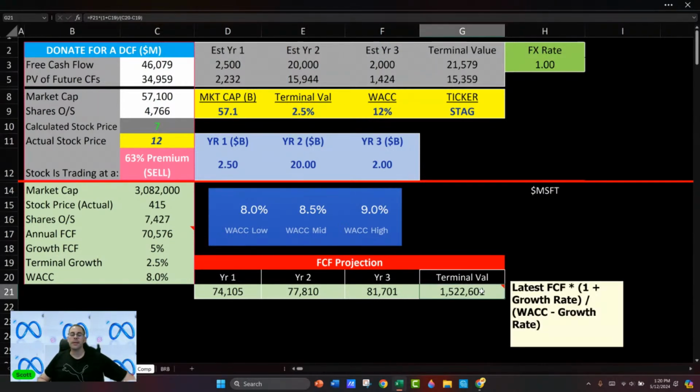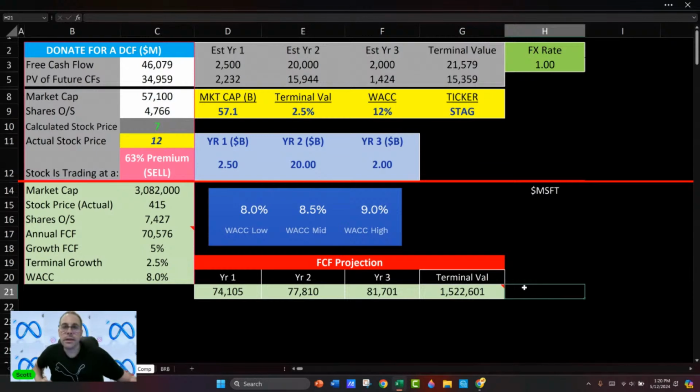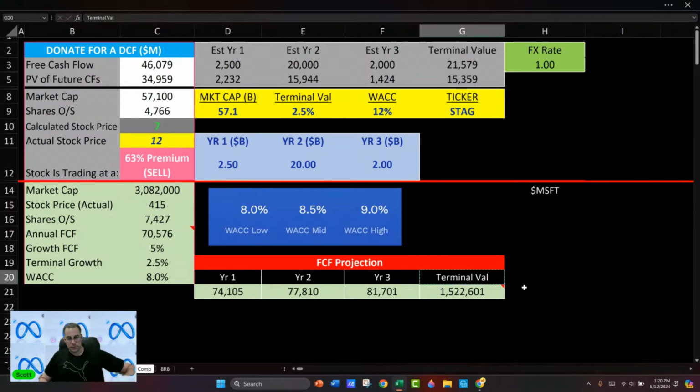So that's a terminal value. So based on this, let me put it over here. Okay.